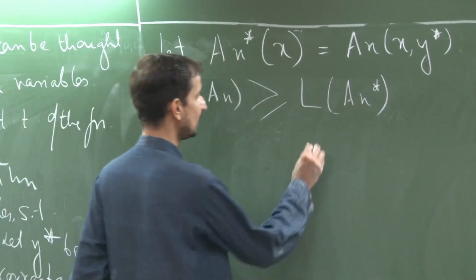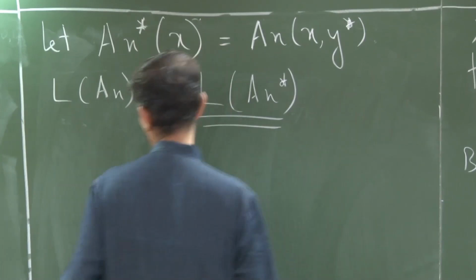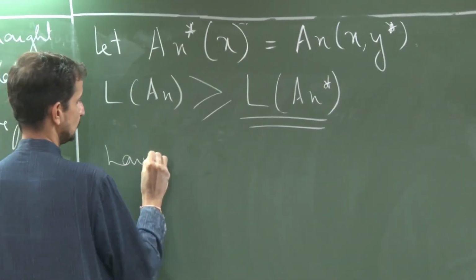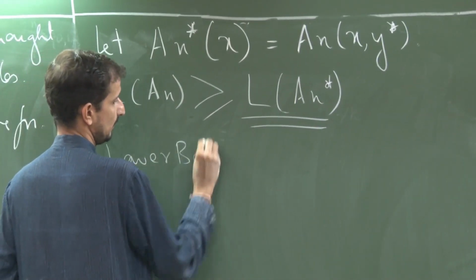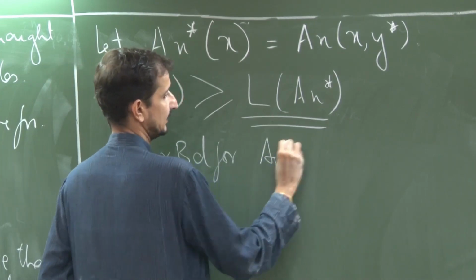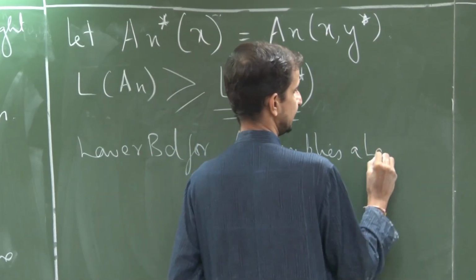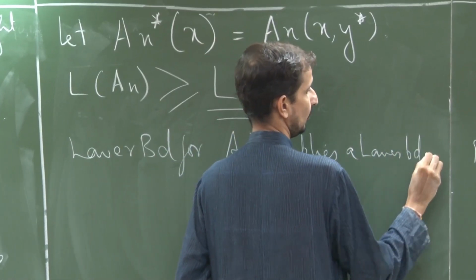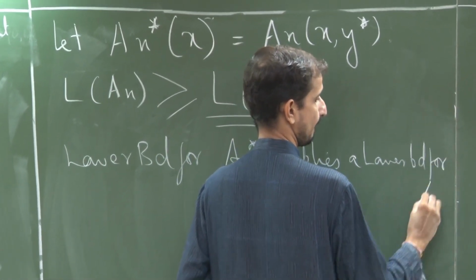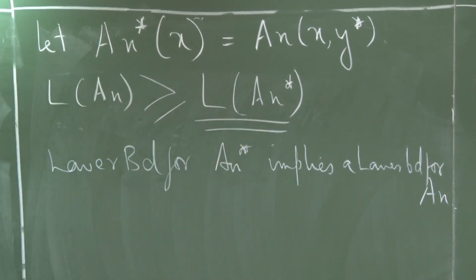So, from now on I will only focus on this function. Okay. So, let me write this. A lower bound for a n star implies a lower bound for a n.